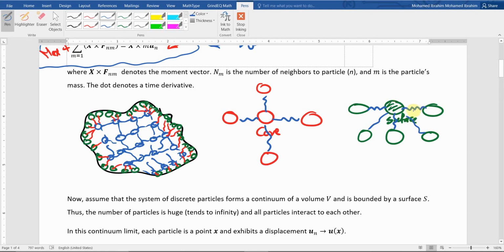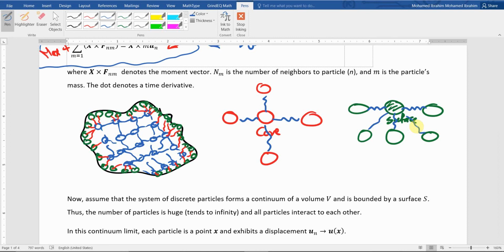It means that this particle should be in equilibrium like this one, so the interaction forces here will be definitely different. This is what generates the surface tension effect, for example, or generally in terms of solid mechanics, this is what generates the surface stresses over the particles located over the surface. Right?